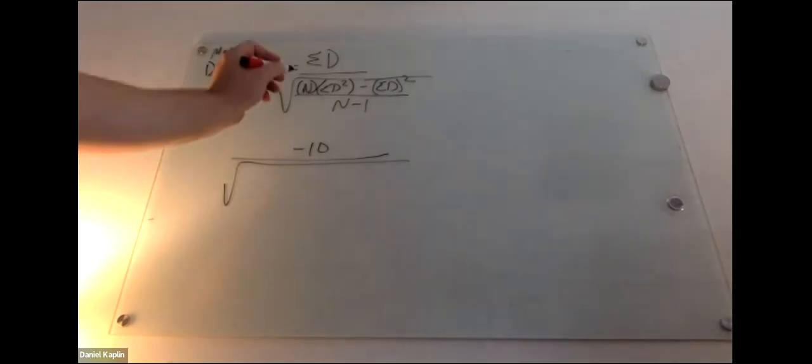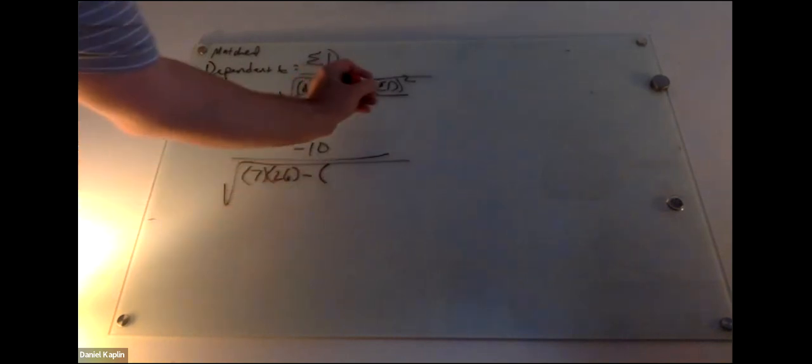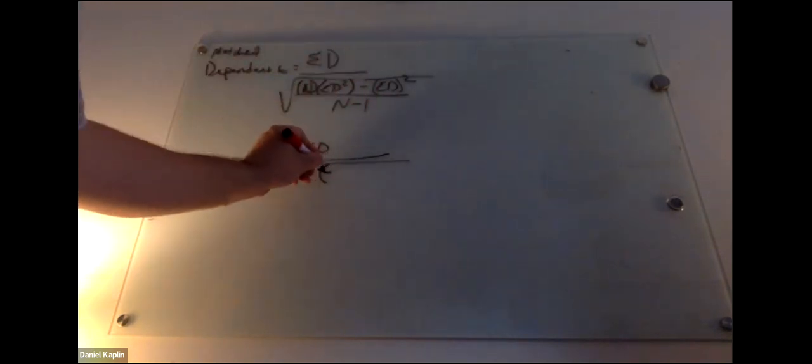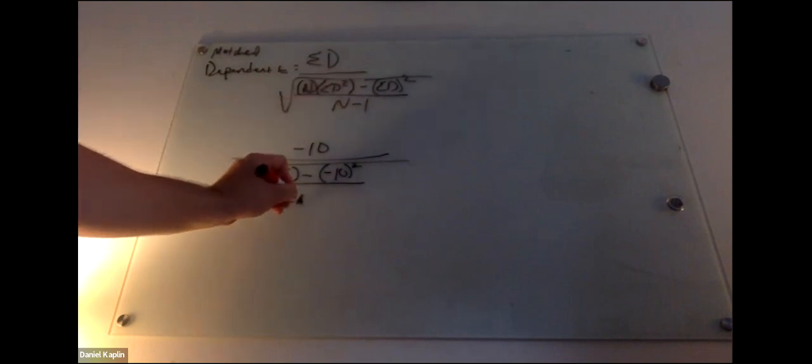So in this case, we had 7 pairs. 7 times the sum of D squared was 26, right? Minus the sum of the D column, which we said was negative 10. We're going to square that over N minus 1, which was 7 minus 1.